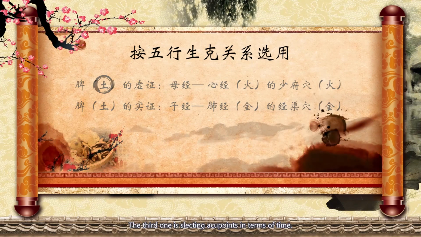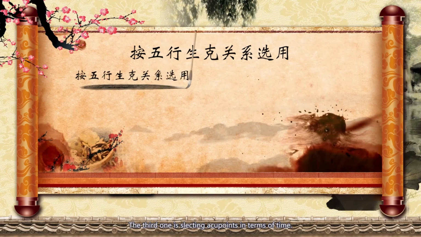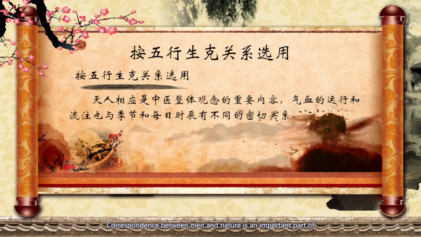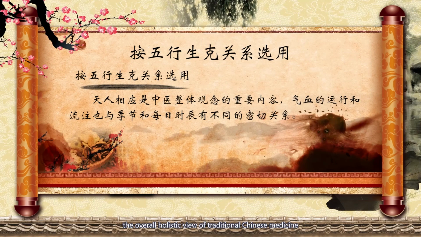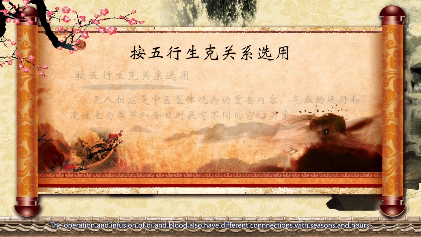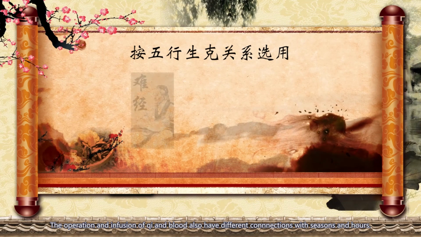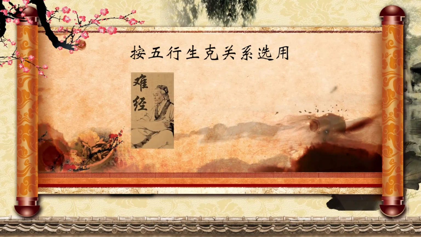The third one is selecting acupoints in terms of time. Correspondence between man and nature is an important part of the overall holistic view of traditional Chinese medicine. The operation and infusion of qi and blood also have different connections with seasons and hours.